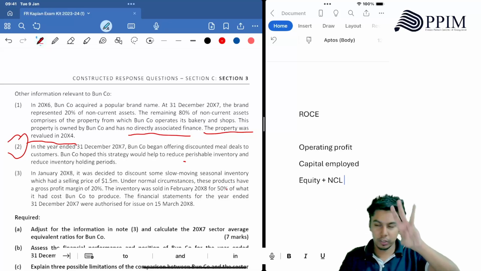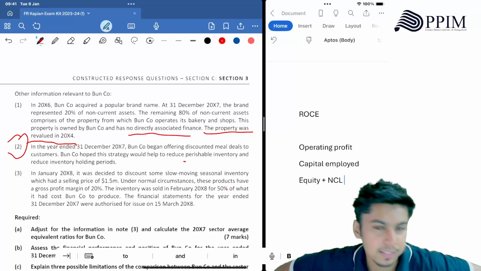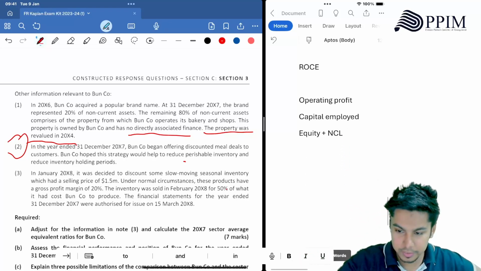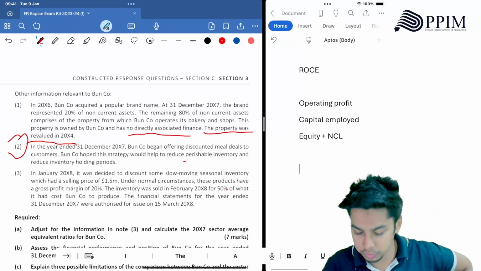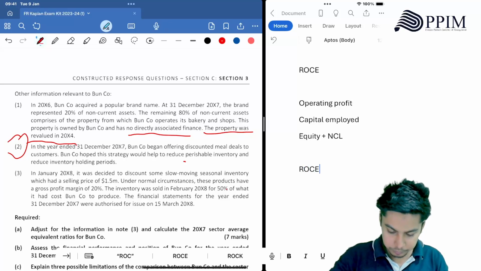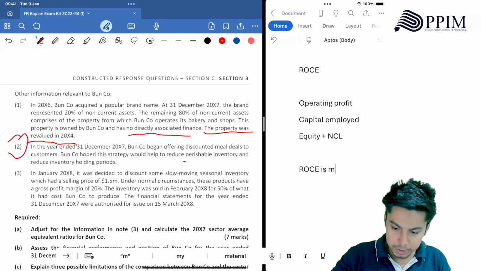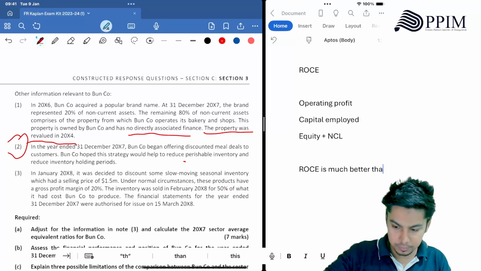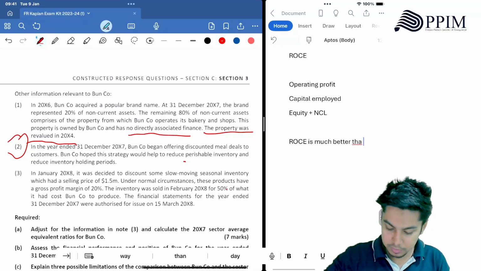Okay, so guys, I gave you around 3 minutes. I'll start writing the answer because today there was a small delay. Okay, so let's start writing. Check and see, guys. Number one: ROCE is much better than the sector.